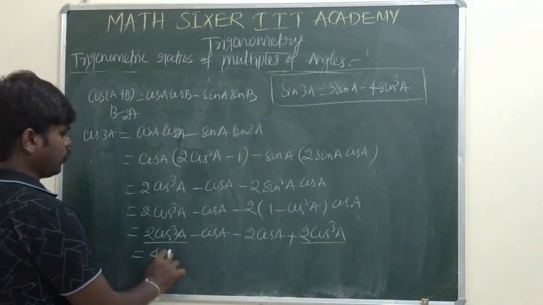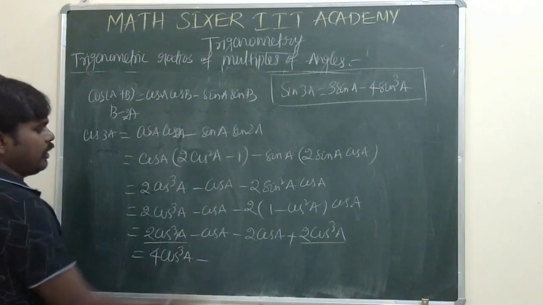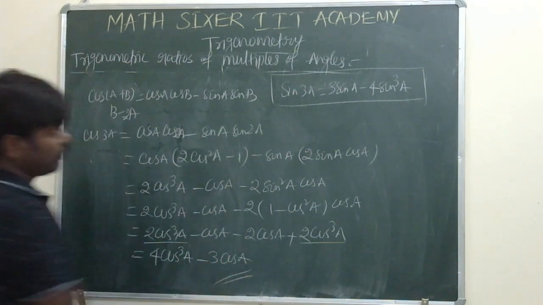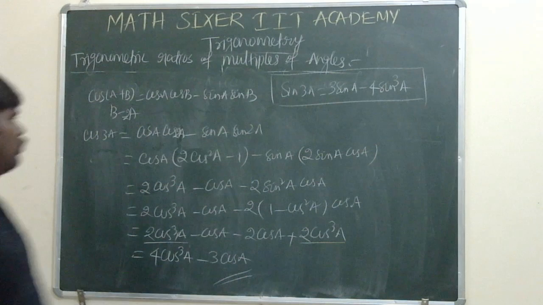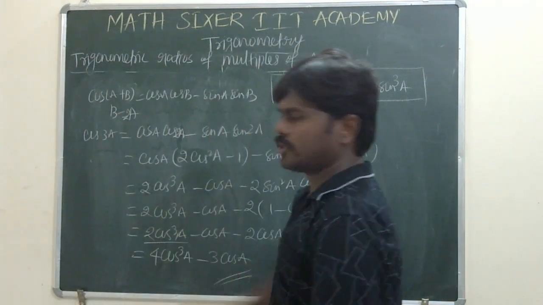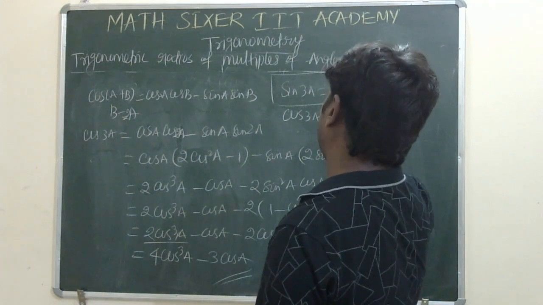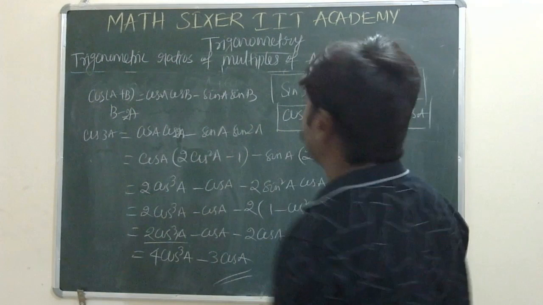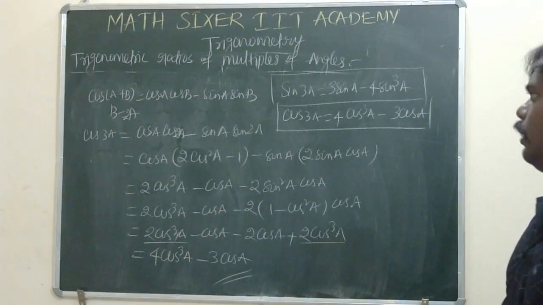So 4 cos cube a minus 2 cos a minus cos a, that is minus 3 cos a. That means the formula for cos 3a is equal to 4 cos cube a minus 3 cos a. Okay, so this is the formula for cos 3a.